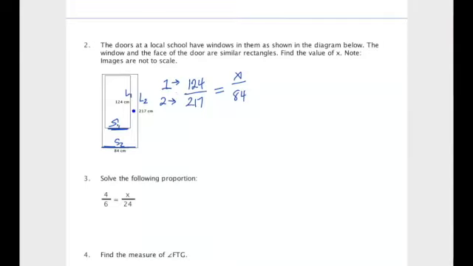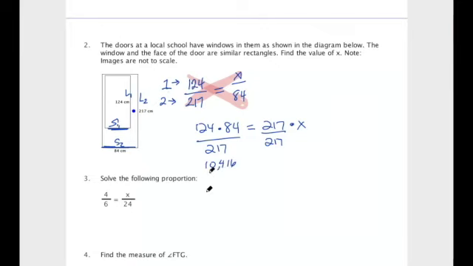So the cross products say that I can cross multiply. So 124 times 84 equals 217 times x. So that's where that other cross product is. Okay, so undo the times and divide. So I'm just simply going to multiply 124 times 84. Yes, you can use a calculator. 124 times 84 is, wow, big number. 10,416 divided by 217 equals x.